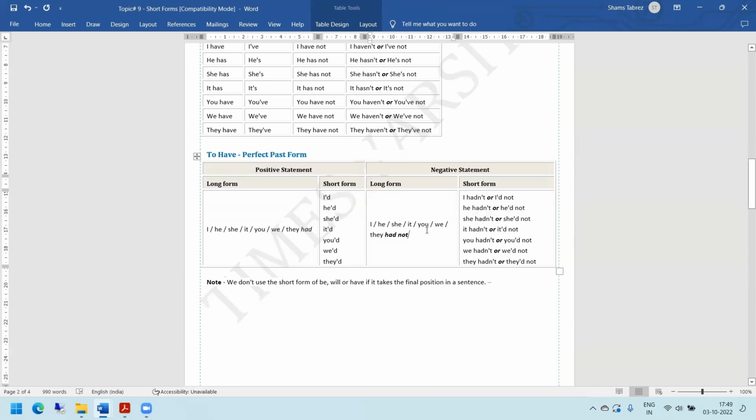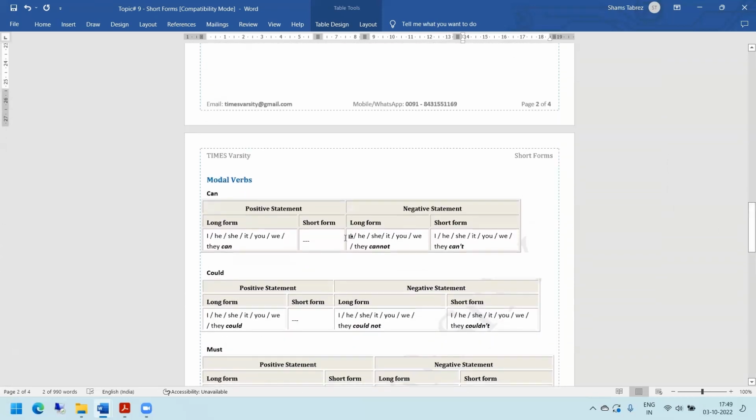And when we add not to it, so instead of saying I had not, or he had not, the short form is hadn't, or you can also use like this. Okay, so short forms. So we don't use the short form of be, will, or have if it takes the final position in a sentence.